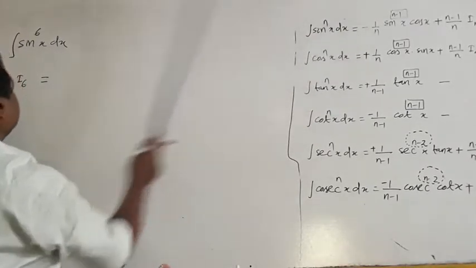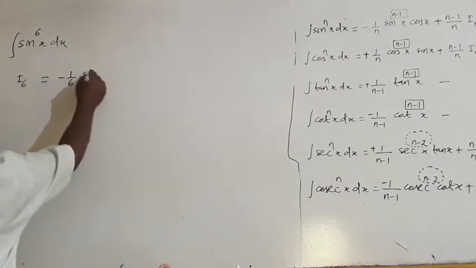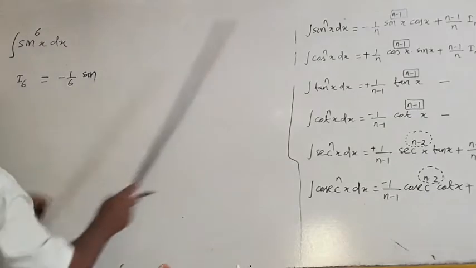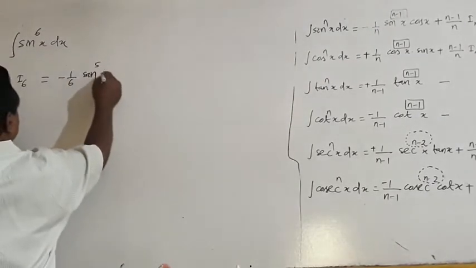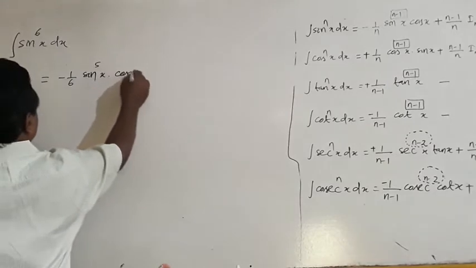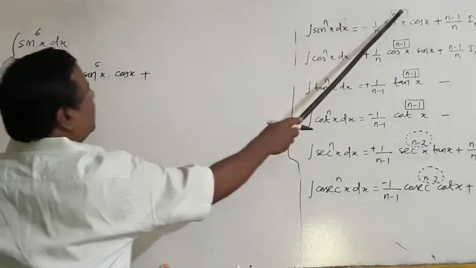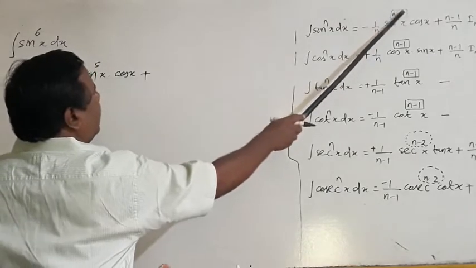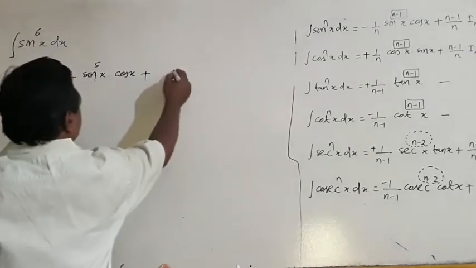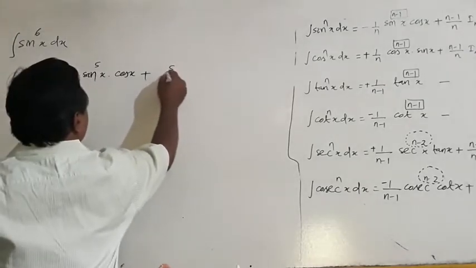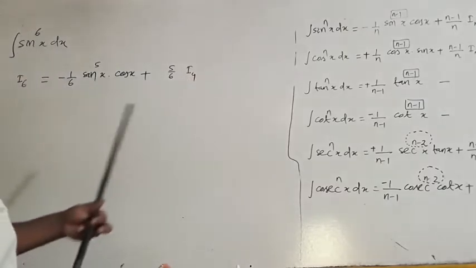You have to write minus 1 by 6, then sin power 6 minus 1, that is sin power 5x into cos x. Then plus, n minus 1 by n, that is 5 by 6 I4.